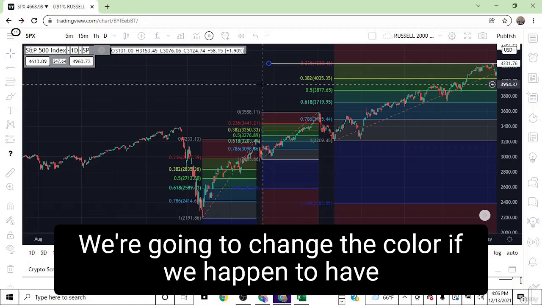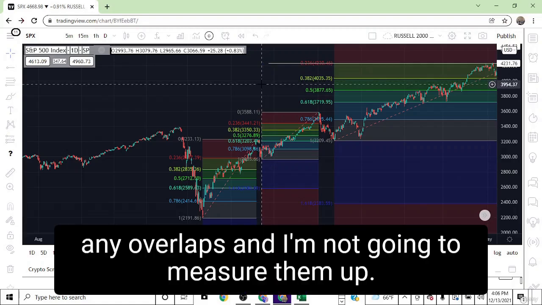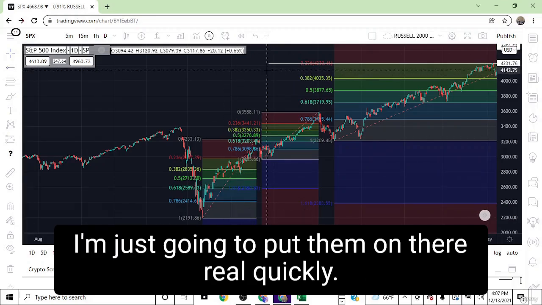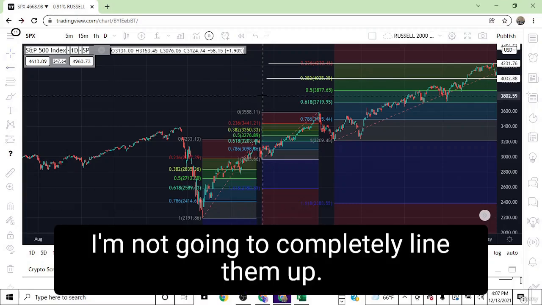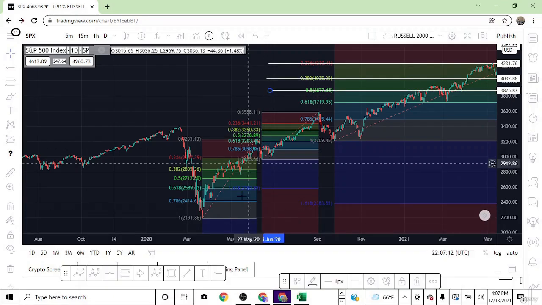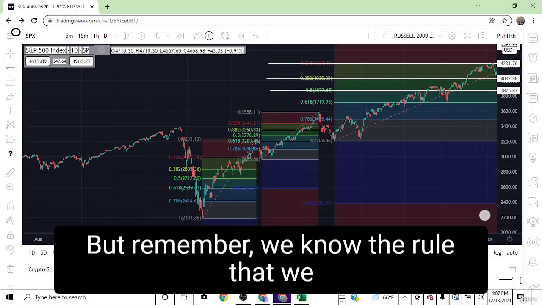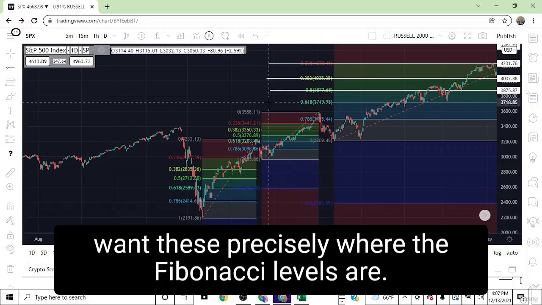I'm not going to measure them up, I'm just going to put them on there real quickly. I'm not going to completely line them up, but remember, we know the rule that we want these precisely where the Fibonacci levels are.